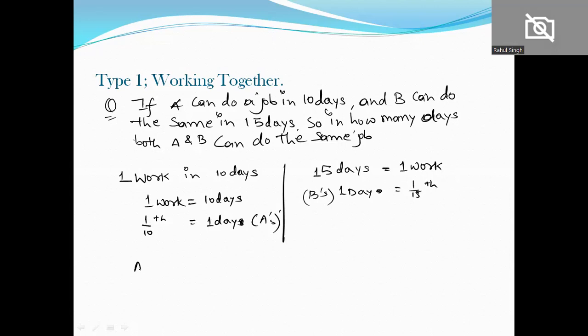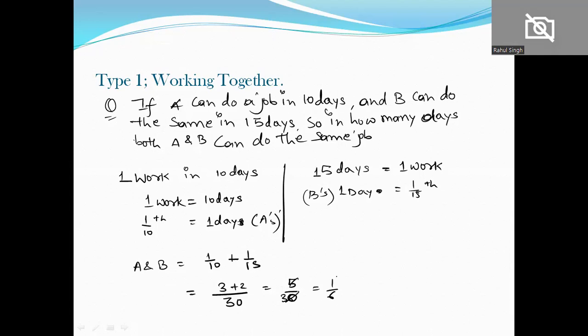Now if A and B work together, how much will be done? A will put in 1/10th of the work in one day and B will put in 1/15th of the work in one day. Together, if I solve this by taking the LCM, the denominators give 3 and 2, so this will be 5/30. Cancelling out, we get 1/6.